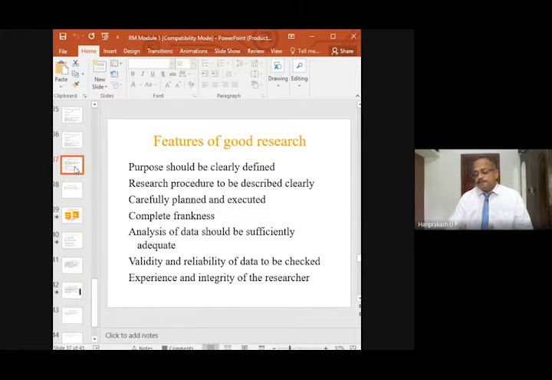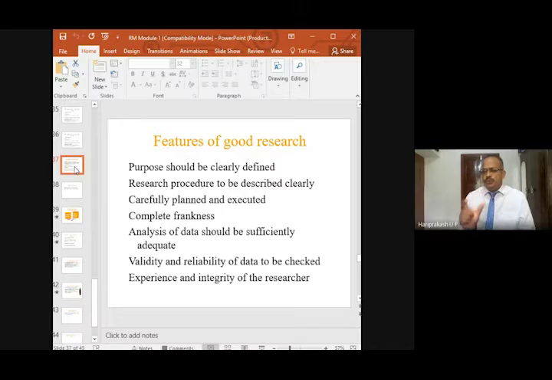So other than the academic purpose, research is done to solve some problems, to get some solution. And different objectives, we know why research is done. We have discussed it in the beginning, right? Whatever it is, you should be very clear about the objectives or the purpose of the research. So you are going to define the objectives.